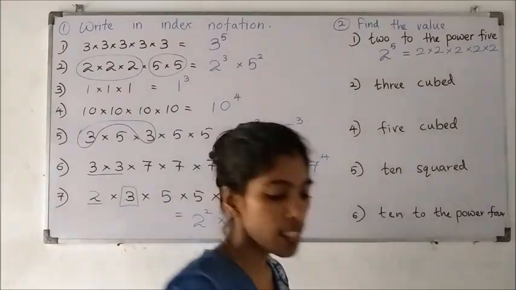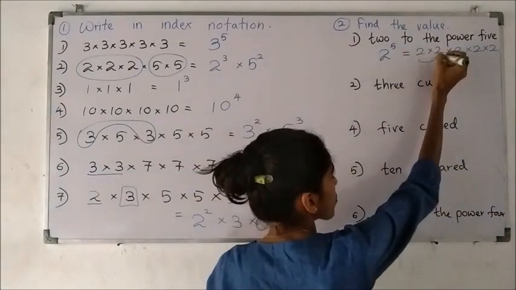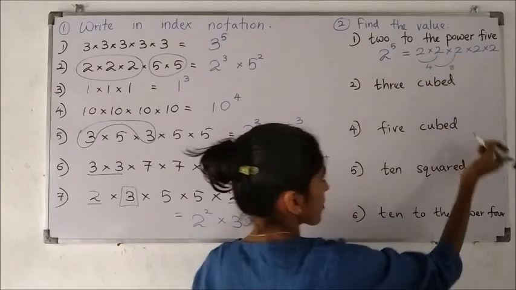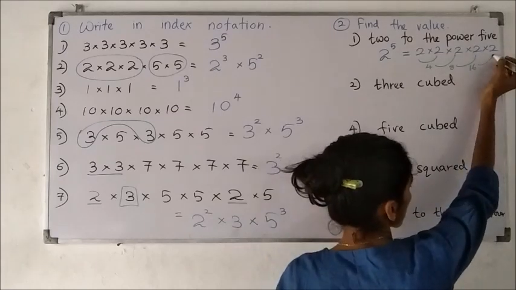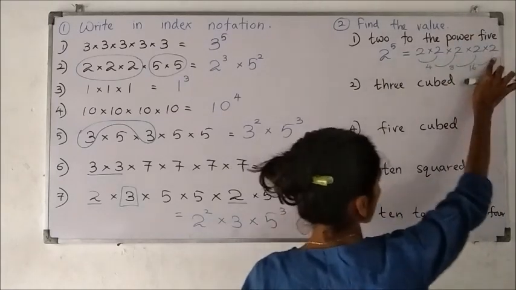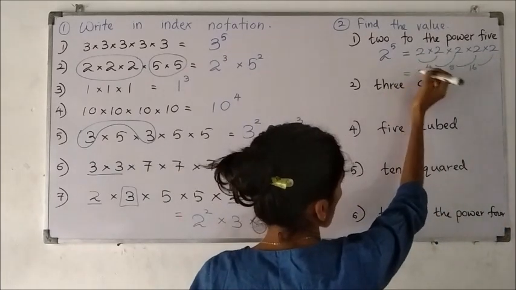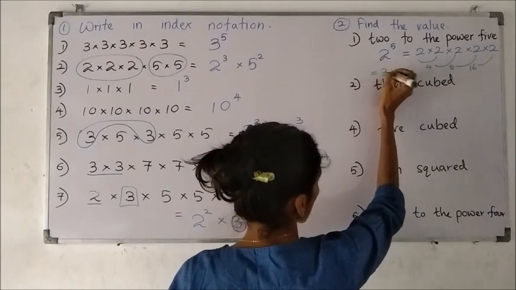Now, we will multiply this and get the answer. 2 times 2 is 4. 4 times 2 is 8. 8 times 2 is 16. 16 times 2 is 32. So, as the answer we can write here 32.